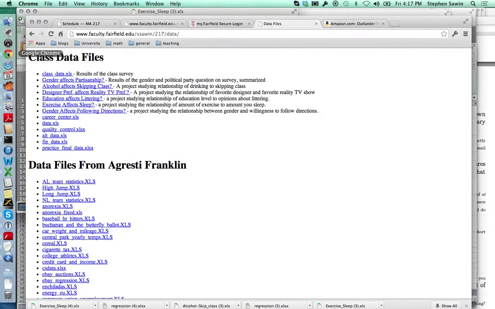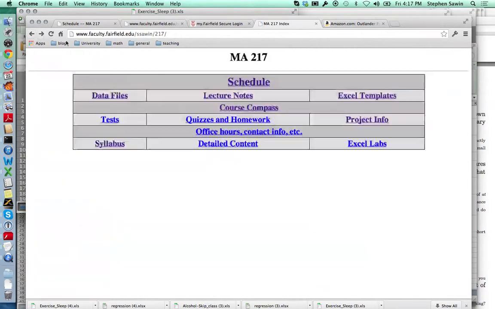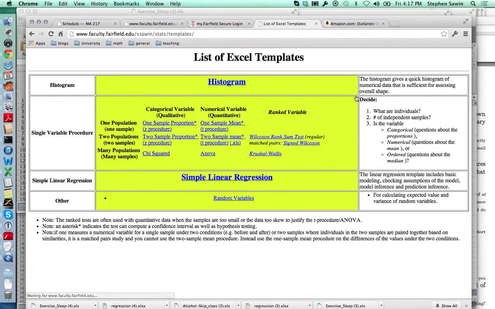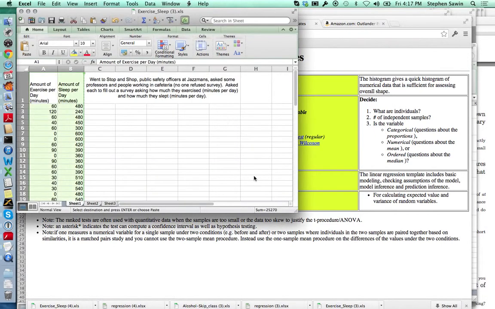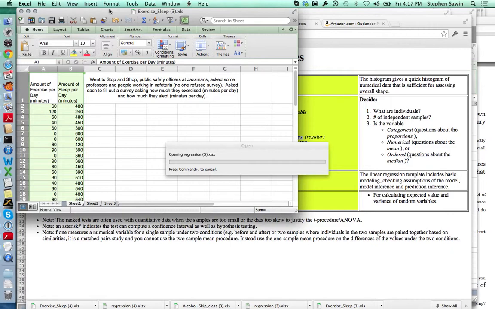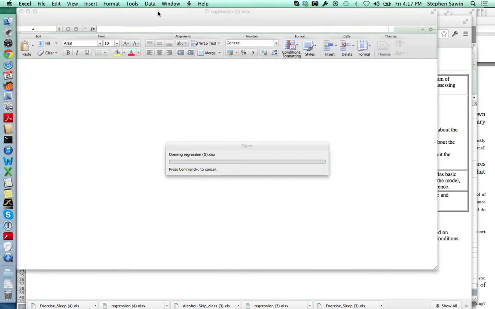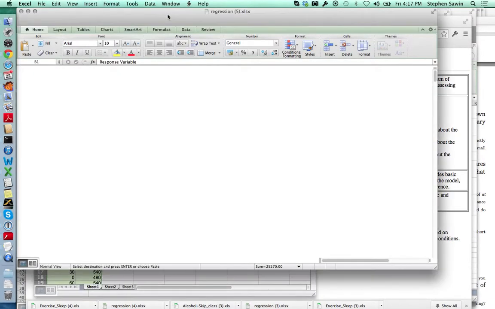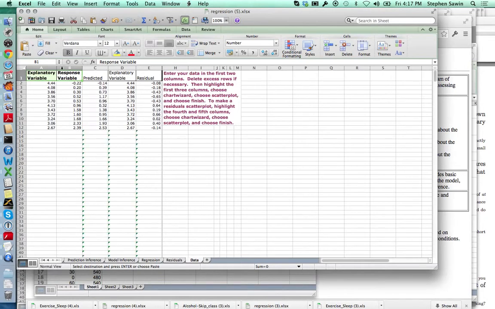And then we go to the template page, and linear regression is below all the templates we've done under its own line, Simple Linear Regression. And we open that up again, and I've already set it up here. And we're going to paste.